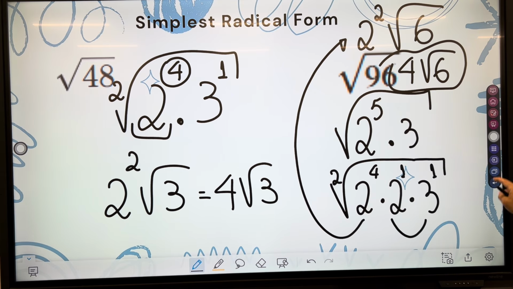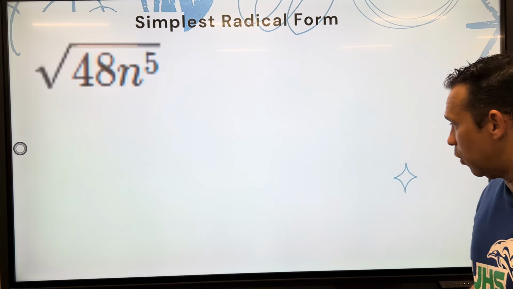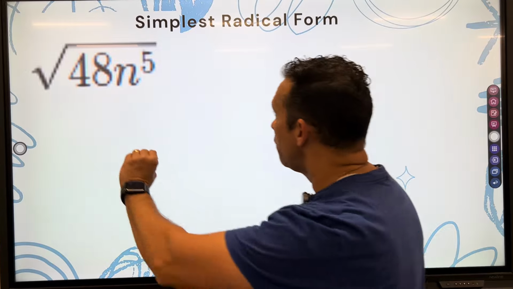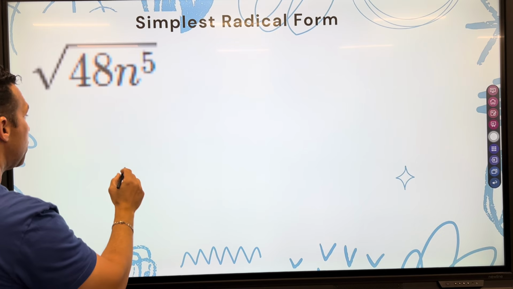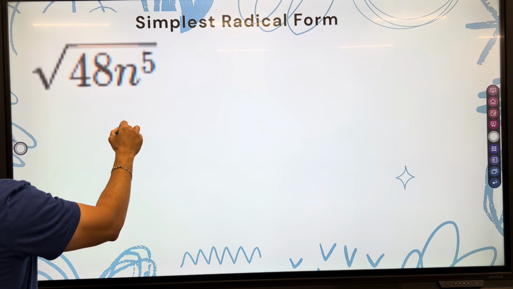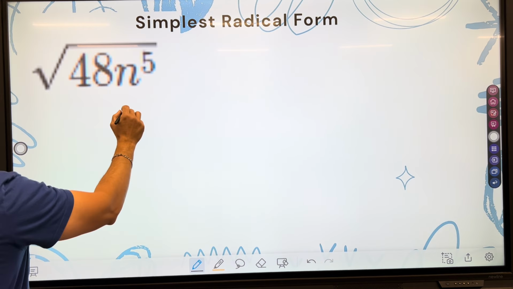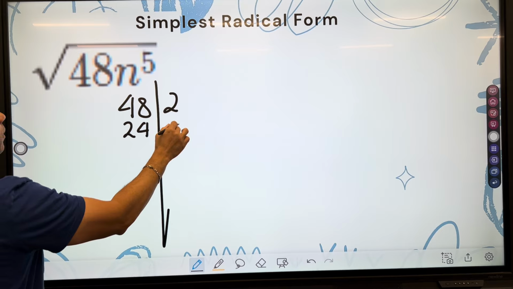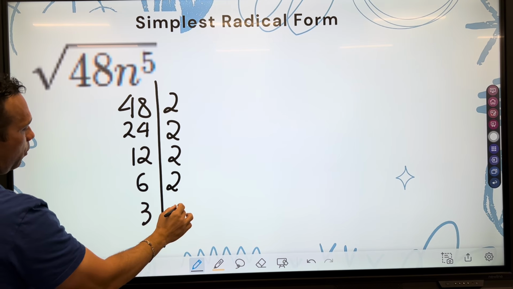So now we go for the ones with variables. Just watch the video as many times as you can. We go for the last one, and I will show you in 2 ways again. If we factor the 48, we already know that: remember, we go like 24, 12, 6, 3, 3, 1.